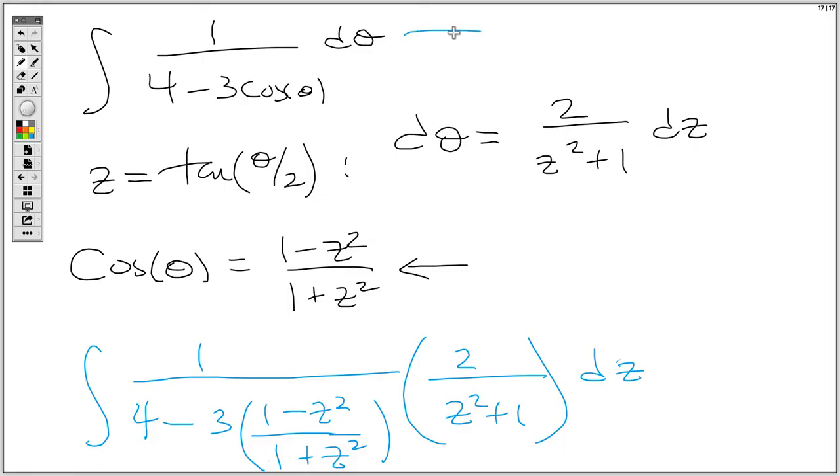So we're taking a rational function involving cosine and turning it into a rational function in terms of z. And the idea is by doing that, the worst case scenario is we'd have to run it through partial fractions. So let's take this and do the algebra on it.